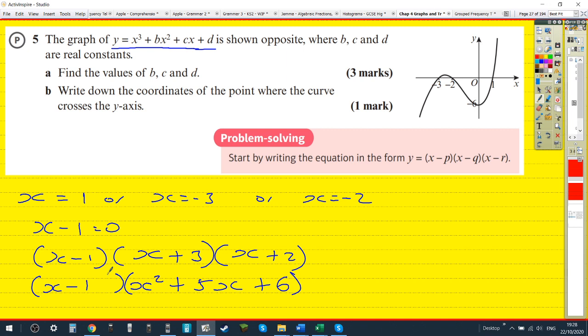So would it be x cubed, add 5x squared, add 6x minus x squared, minus 5x minus 6?